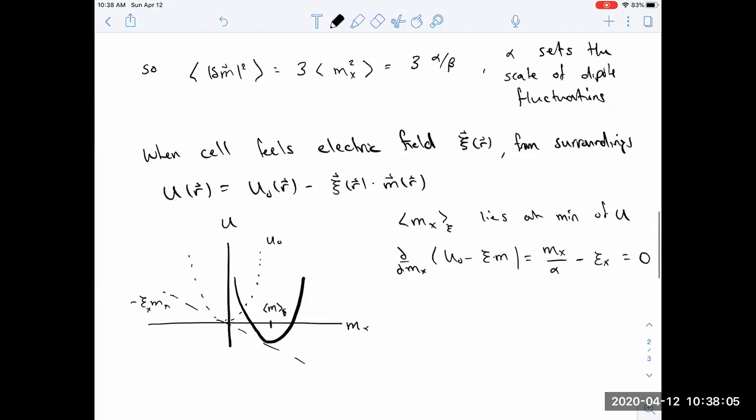Setting that equal to 0, we can solve for the average value of mx as being given by something proportional to the strength of that field with a constant of proportionality, which is alpha. If we were thinking about all three components, the average dipole in response to the field is given by alpha times the full vector field. So now we kind of understand what that alpha really means. Alpha is setting the response of that dipole to a field.